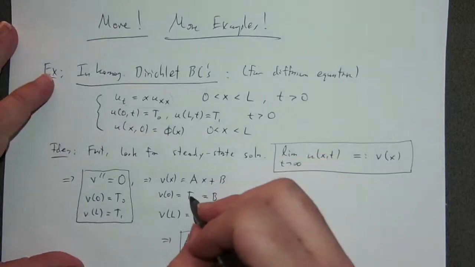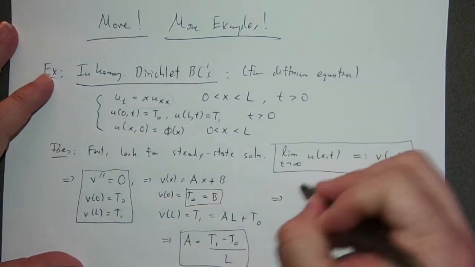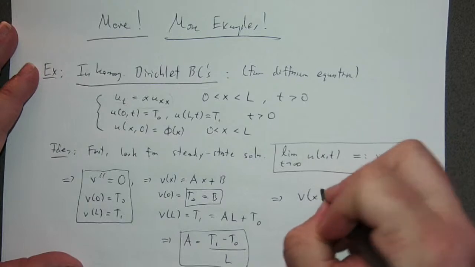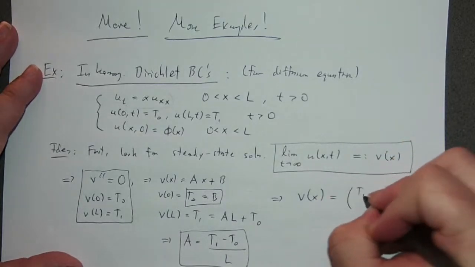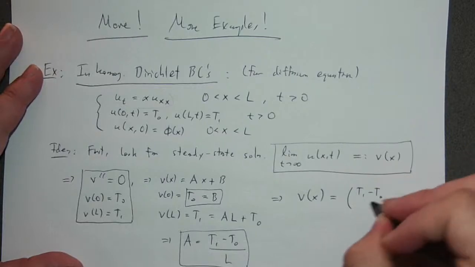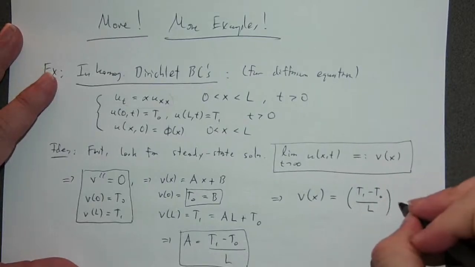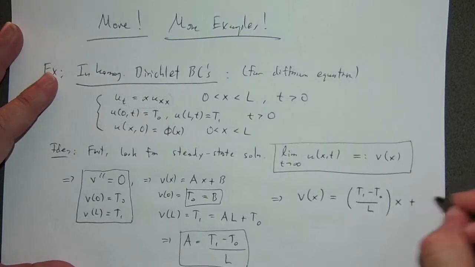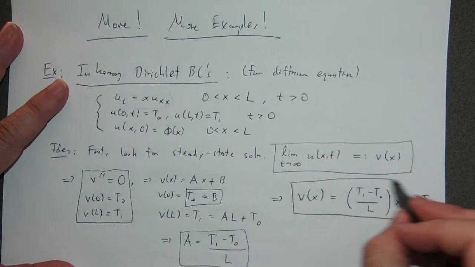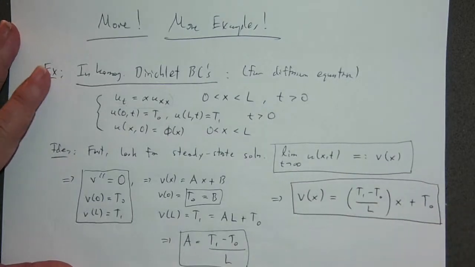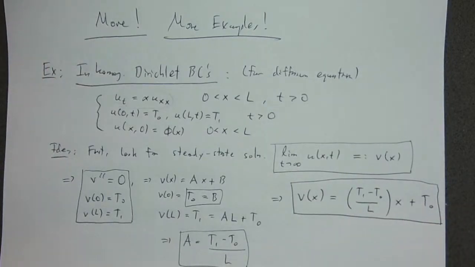And so our steady state solution is of the form (T1 minus T naught) over L times x plus T naught. All right.